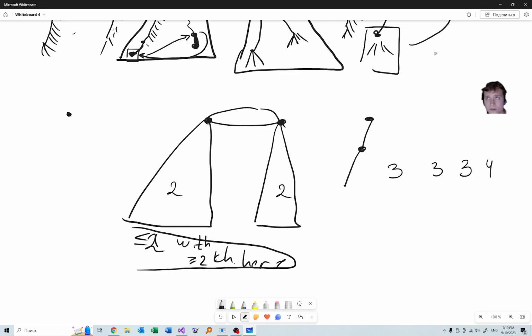assume that the total number of vertices which are not leaves is like L. Actually, can't we make a branching? So maybe assume that we have like 4 vertices with branching. Yeah, so 2 here.